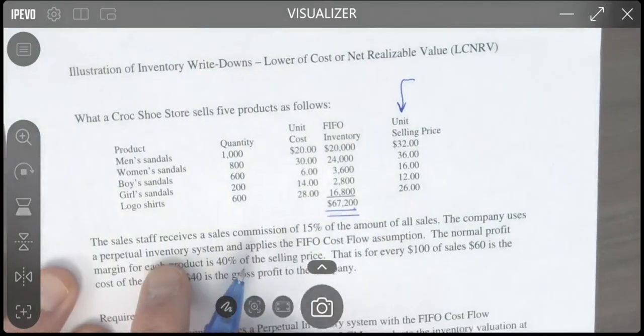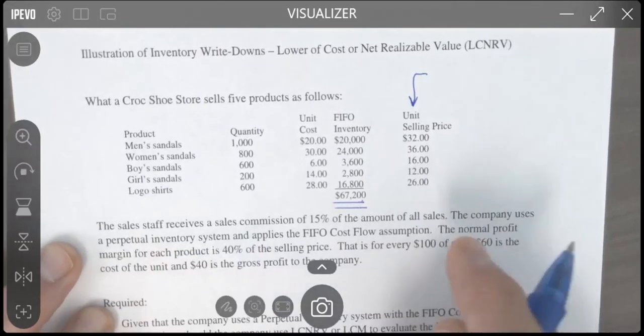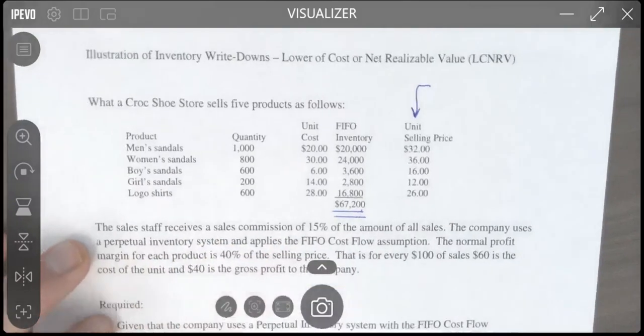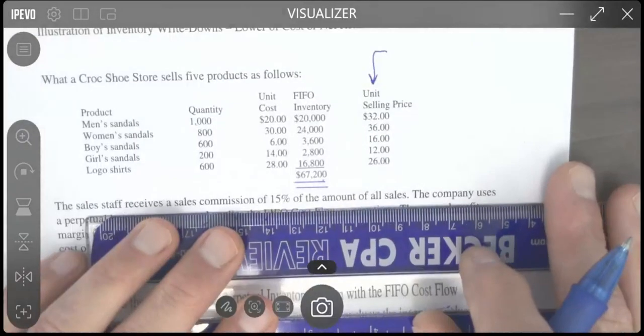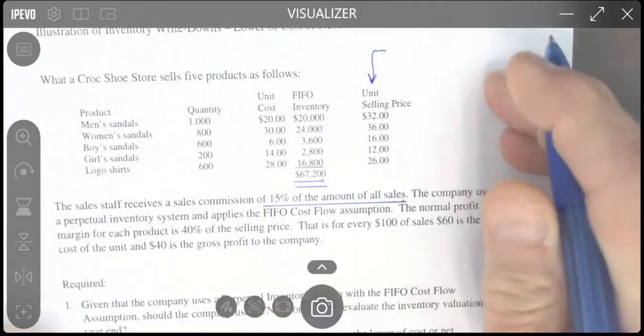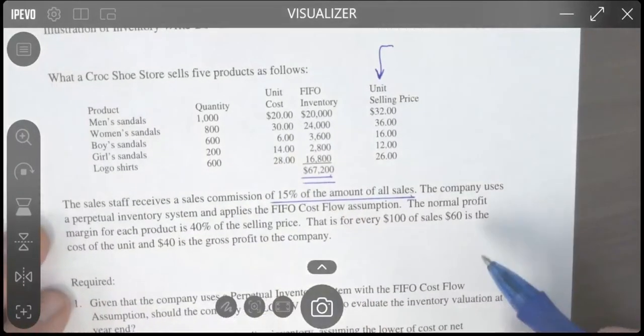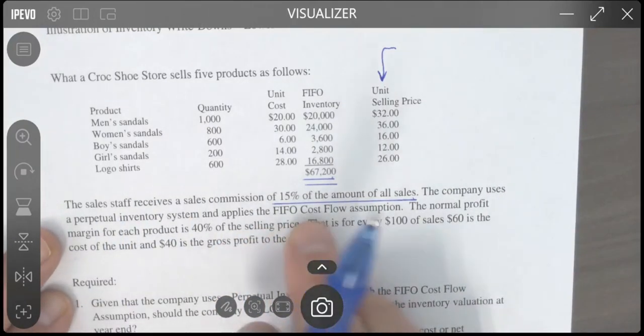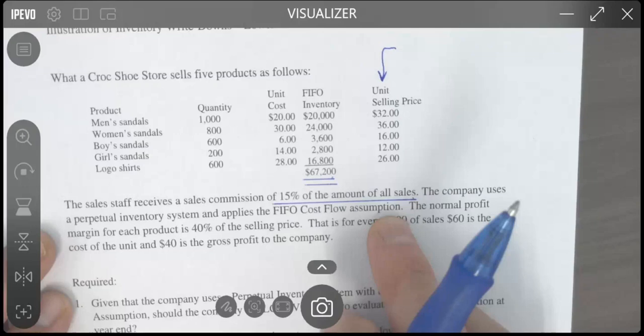Okay, a little more information to know in this case. The sales staff receives a commission of 15% of all sales. Let's keep that in mind. When they make a sale, the salesperson gets 15%. The company uses a perpetual inventory system and applies the FIFO cost flow assumption.